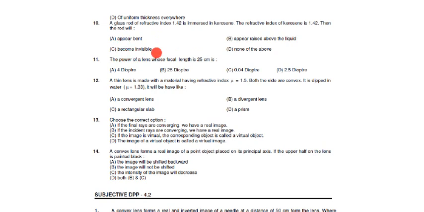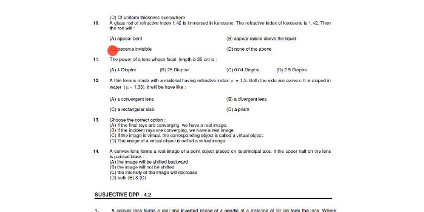So it is a very important question, remember it. When the refractive index of both mediums is the same, then that object or body will become invisible. So here this rod will become invisible, so the answer is C.